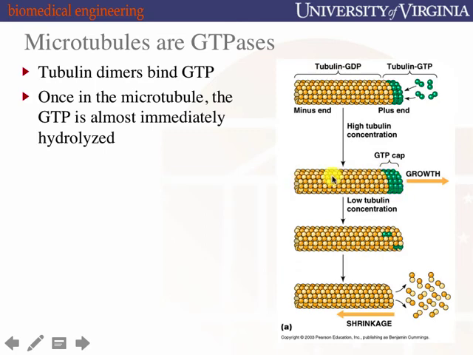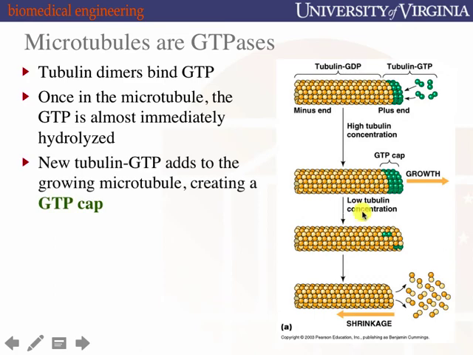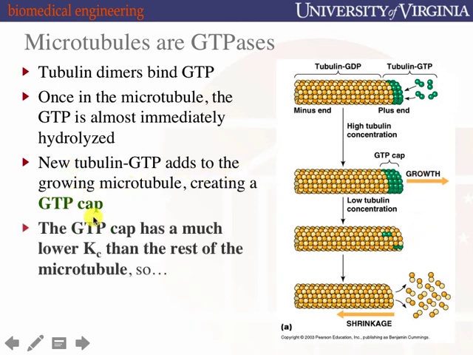These orange or yellow ones, these are all GDP tubulin. So these are the tubulins that have already catalyzed that hydrolysis reaction. So new GTP-bound tubulin adds to the growing microtubule on the plus end, creating this GTP cap.